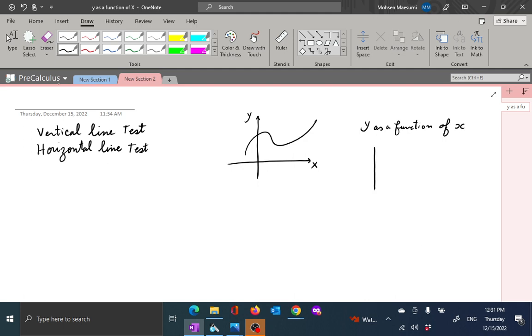Sometimes a picture is given to you and the question is, is this a function or not? So for example, here I've drawn something, it looks like a bit of a signature. Again, this is x and this is y. Is y a function of x? The answer is no, because there are vertical lines that cut the graph at more than one place.